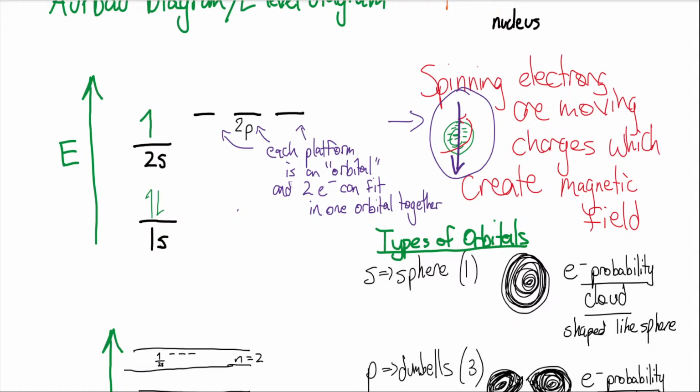You can know more and more where it is, but then you know less and less about how fast it's moving. So you have to accept a little bit of error in both. What that means is you don't exactly know where the electron is.